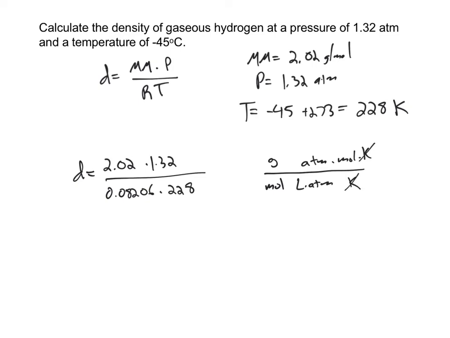So Kelvins cancel, moles cancel, atmospheres cancel. And so we can see the units on the density, in this case, is going to be grams per liter. And in fact, that's what we usually like to use for the density of a gas. And so those will be my units. So when I plug all of that information in, I get a density of 0.143 grams per liter.